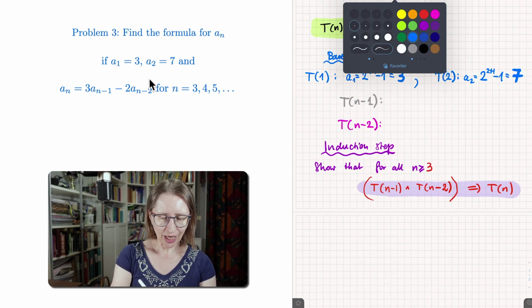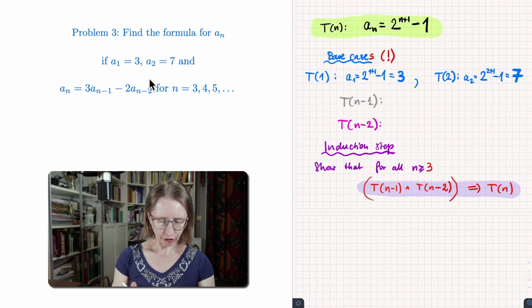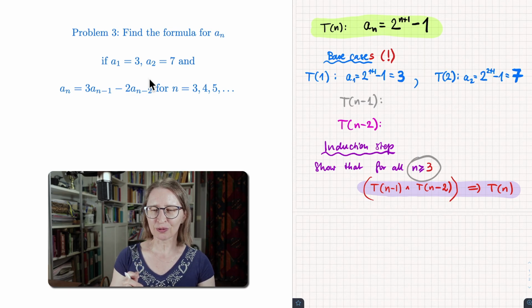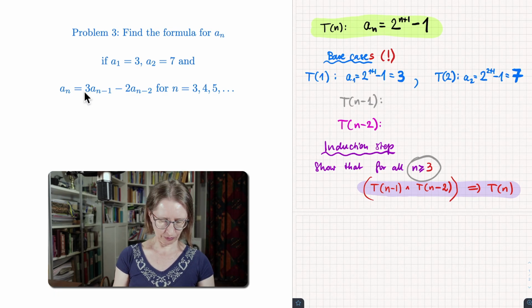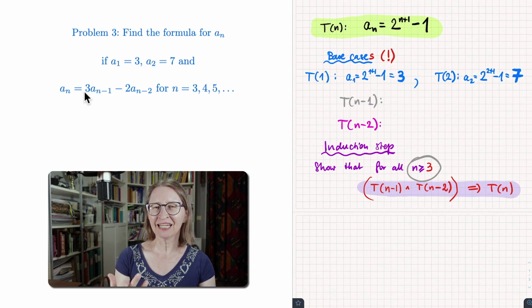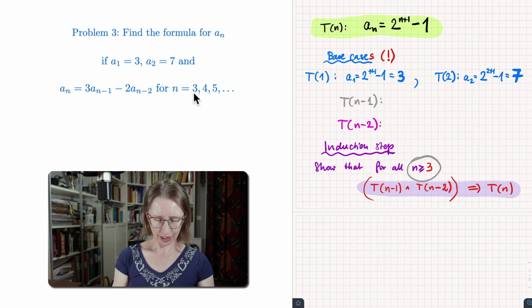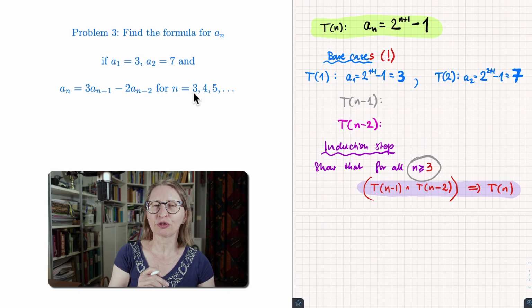And now I will write down for some n greater than or equal to 3, because now we have to show that T of n for some n greater than or equal to 3 is true, provided that the two previous ones are true.